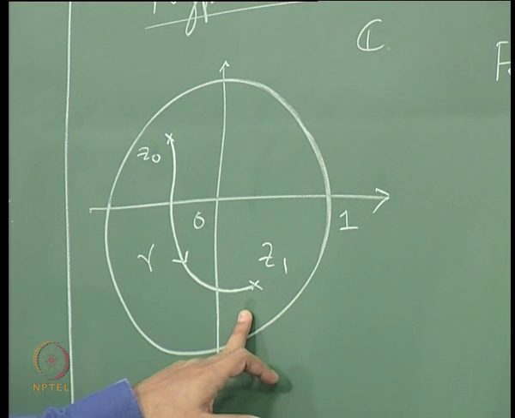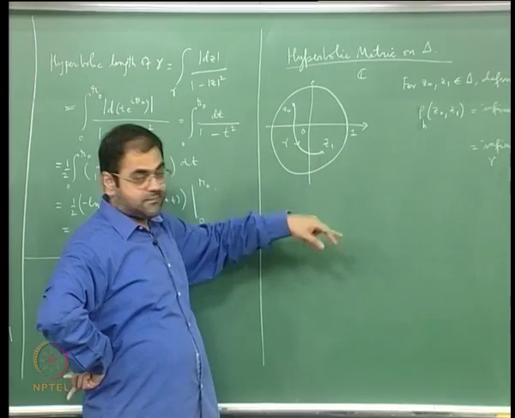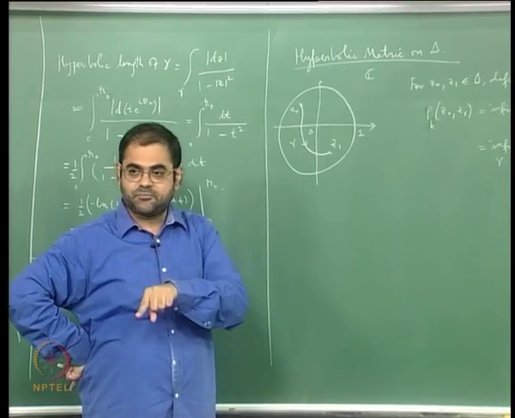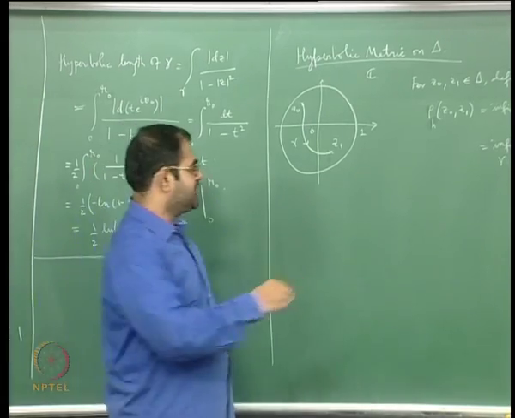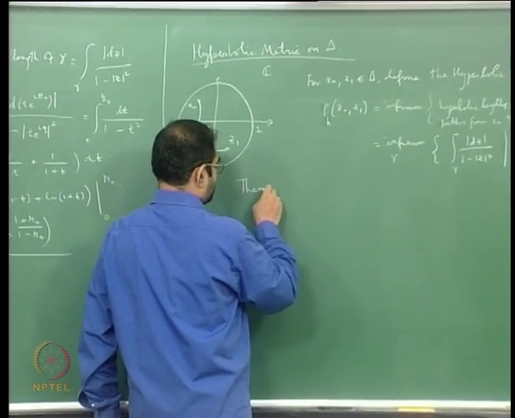And what is that path? The answer is that the path is a circle passing through those 2 points, which is orthogonal to the unit circle. So that is a theorem, a very important theorem.